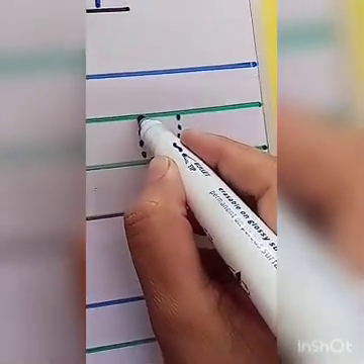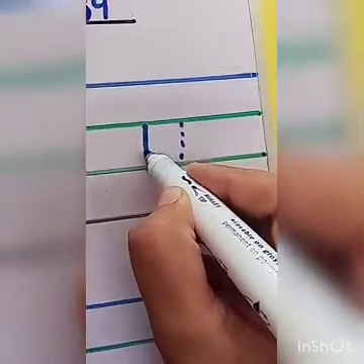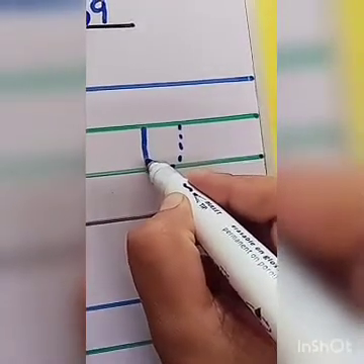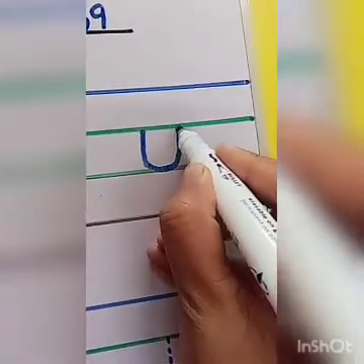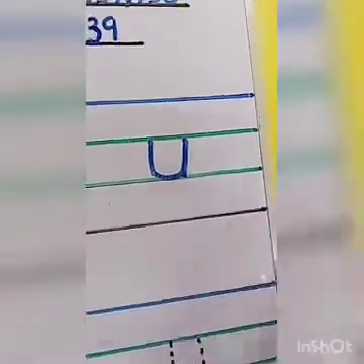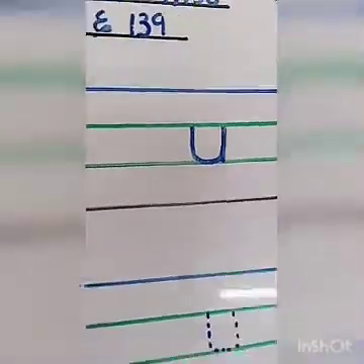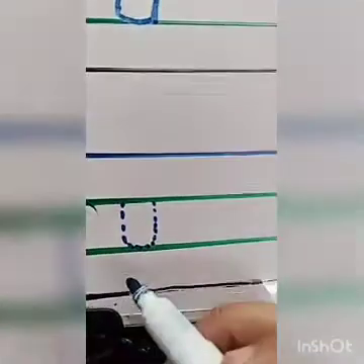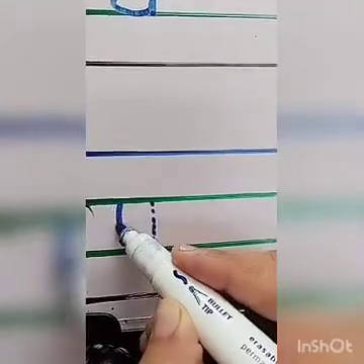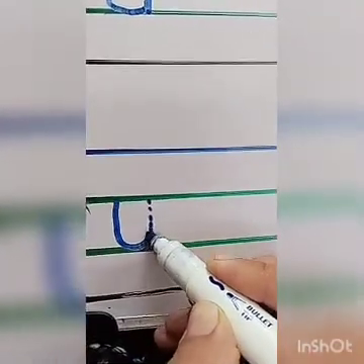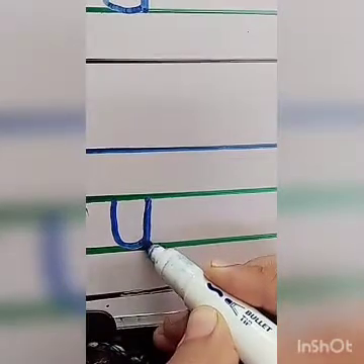Start from here, come down, follow the dots, stop, touch the line, go up, come down. This is A. You just have to follow the dots. Start from here, follow the dotted line, and it's a.